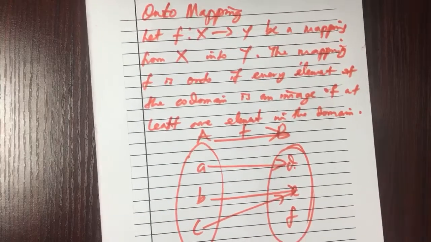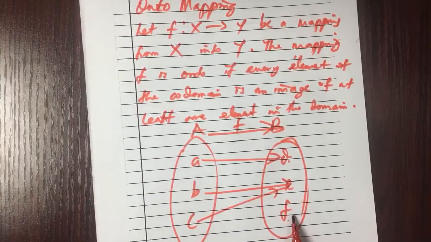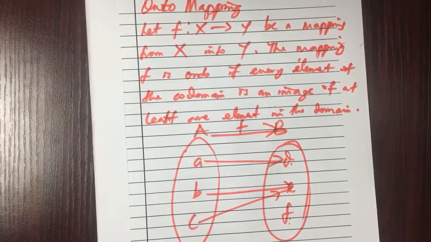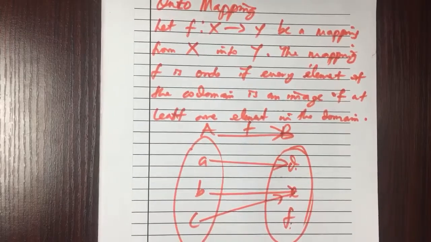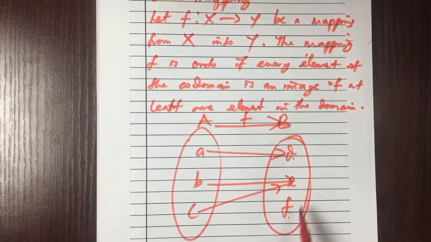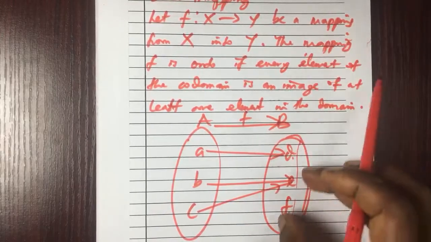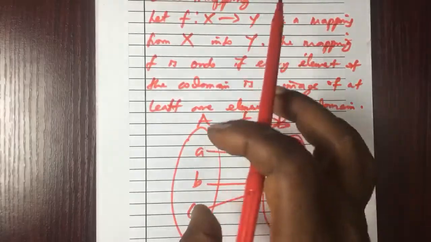Why is it not onto? You will notice that F, an element in B, is not an image of any element in A. For a relation to be a mapping and that mapping to be onto, every element in the codomain must be an image of at least one element in the domain.